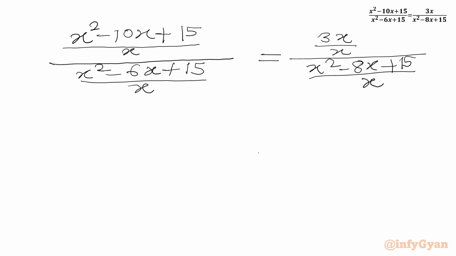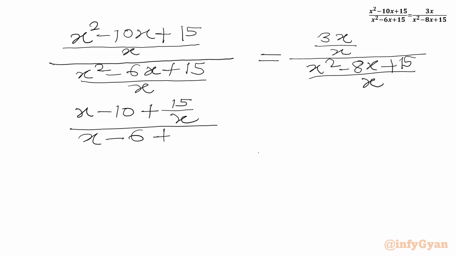We have divided both sides by x. So we get x square over x is x, minus 10x over x is minus 10, 15 over x, over x minus 6 plus 15 over x. In the RHS we can write 3, x over x will be 1, over x minus 8 plus 15 over x.